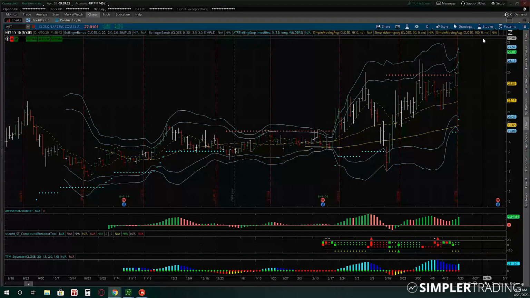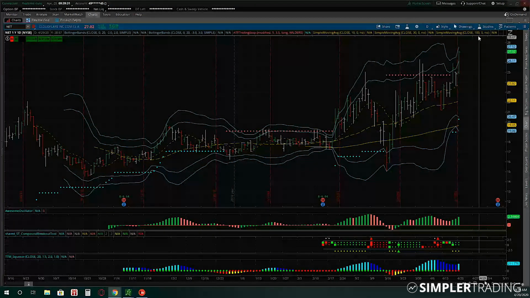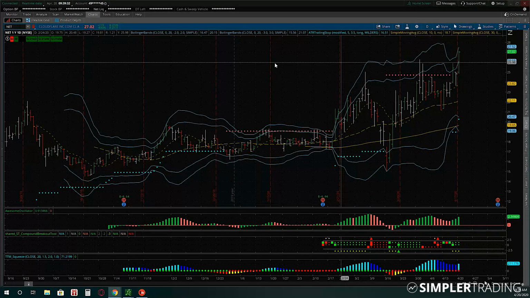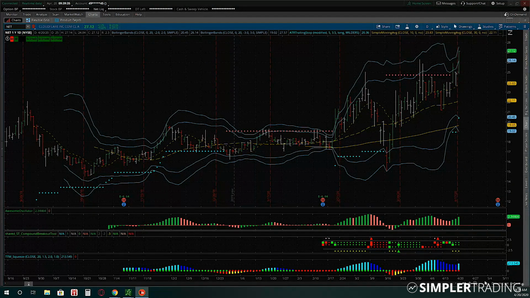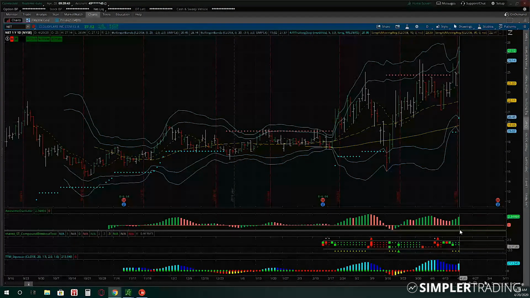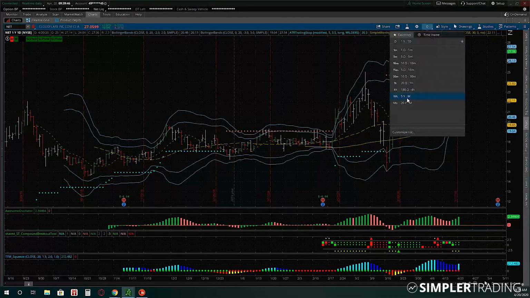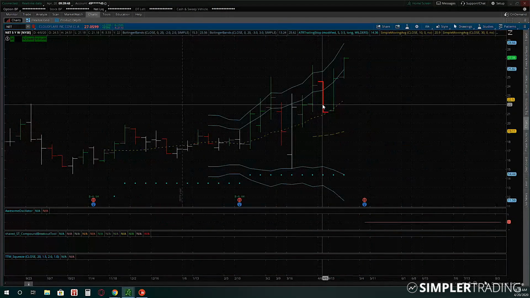So let's talk about NET as an example of these two things. First of all, it is seeing an excellent move to the upside. For those of us who might already be in the trade, we might want to go ahead and set an alert as a potential area where this price could go up and stall, right? We're seeing some nice signals here on the weekly chart for this trade.